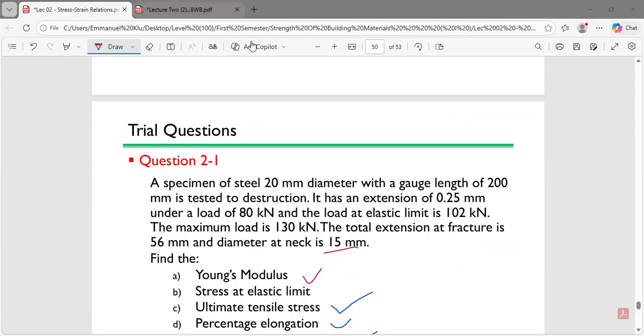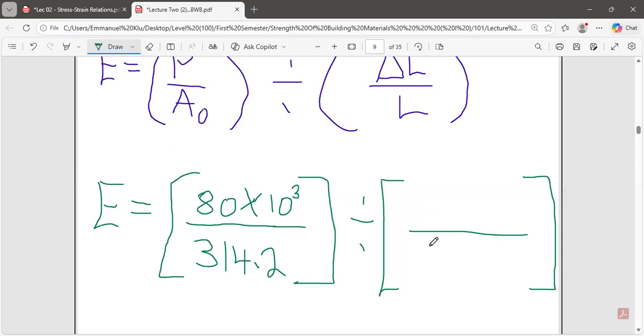So we write that beneath the denominator, 200 mm. And also, if I want to put in the units, this one is going to be in Newton. This is in millimeter squared. And this is in millimeters, as you are seeing over here.